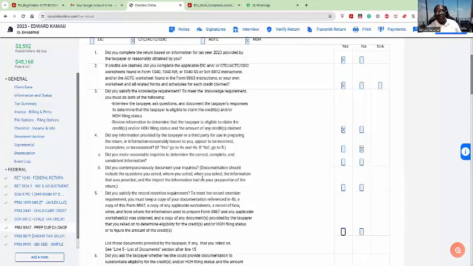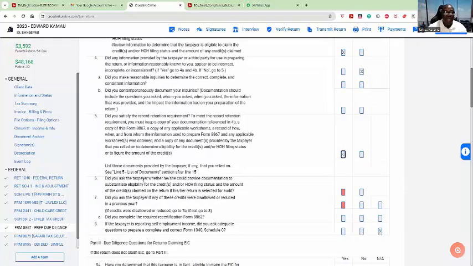To meet the record retention requirement, you must keep a copy of the documents referenced in 4B: a copy of this Form 8867, a copy of any applicable worksheet, a record of how, when, and from whom the information used to prepare the 8867 and any applicable worksheet was obtained, and a copy of any document provided by the taxpayer that you relied on to determine eligibility for the credit and/or head of household filing status, or to figure the amount of the credit. Yes. We put an X there.